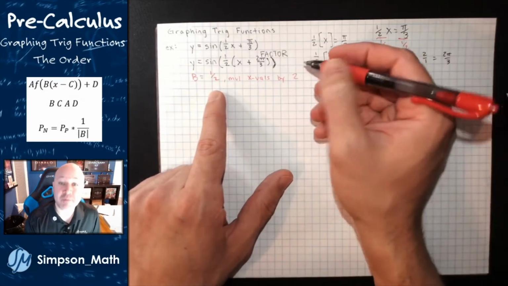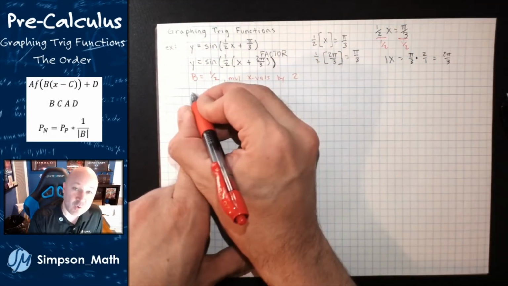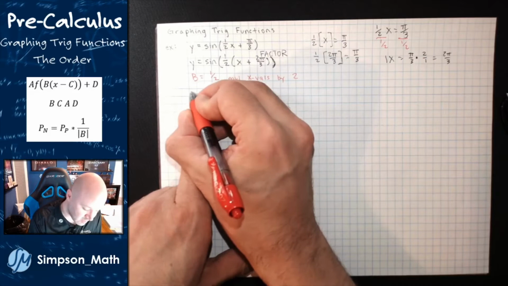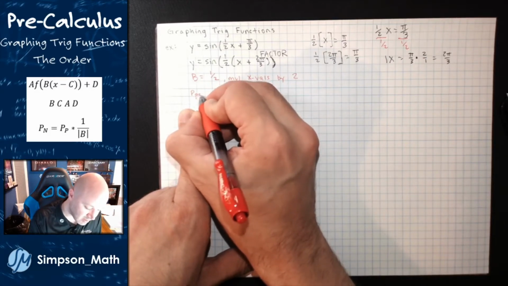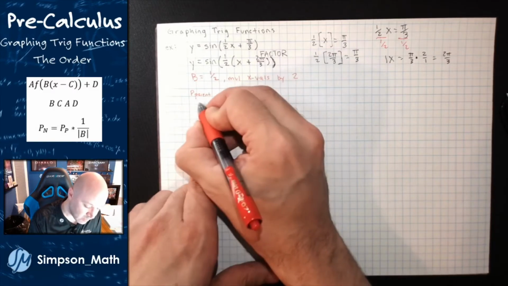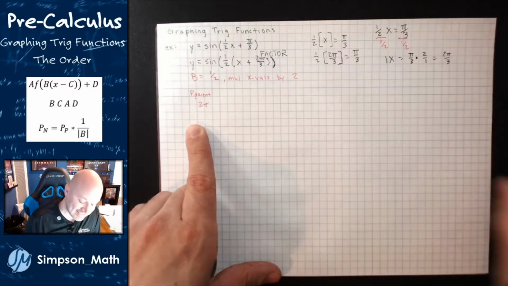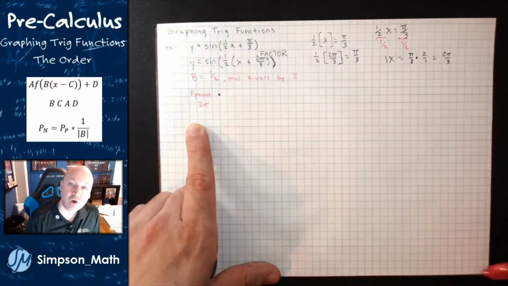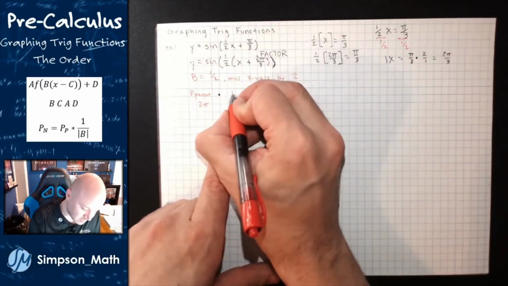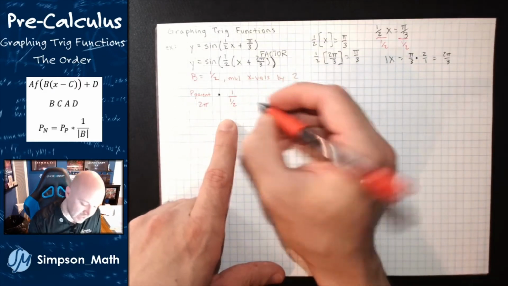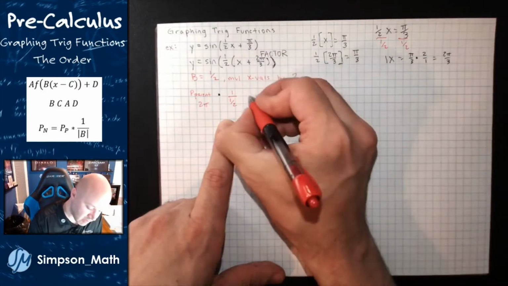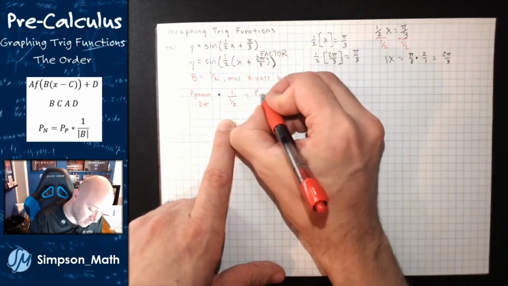It's also going to change my period. Sine normally has a period of 2 pi, so the period of my parent, 2 pi, times 1 over b, or simply 2, is going to be the period of my new graph.